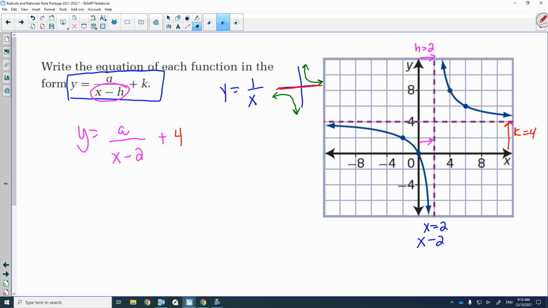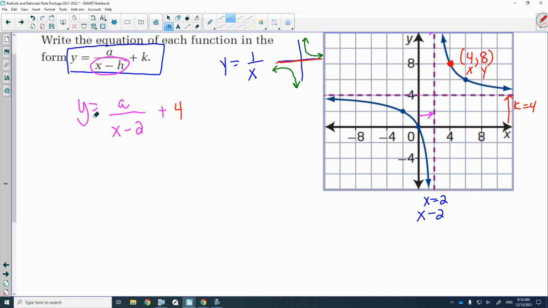And then to get the a value, you need a point. You pick any point on your graph. So let's say we were to pick anyone that they gave you. Let's pick this one, where x is 4 and y is 8. So into the equation that we have, put your y being 8 and your x is 4.